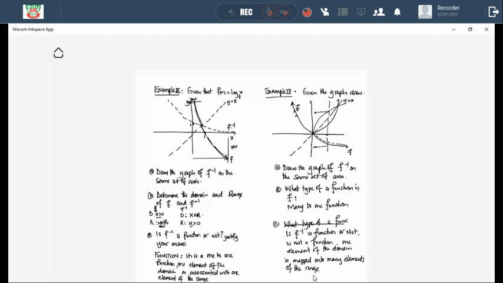What we should appreciate is the inverse of a one-to-one function is one-to-one, and the inverse of a many-to-one function is not a function. That is what example number 3 and number 4 was all about. It was just to show us that the inverse of a one-to-one is one-to-one, and the inverse of a many-to-one function is not a function.